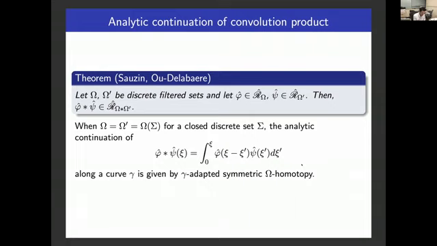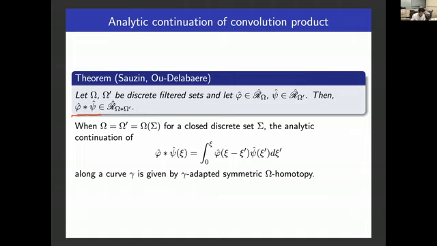The theorem says: given Ω and Ω′, if φ̂ is Ω-continuable and ψ̂ is Ω′-continuable, then the convolution product is Ω ⋆ Ω′-continuable. In this way, we can describe the singularity structure of the convolution product using the sum of discrete filtered sets.